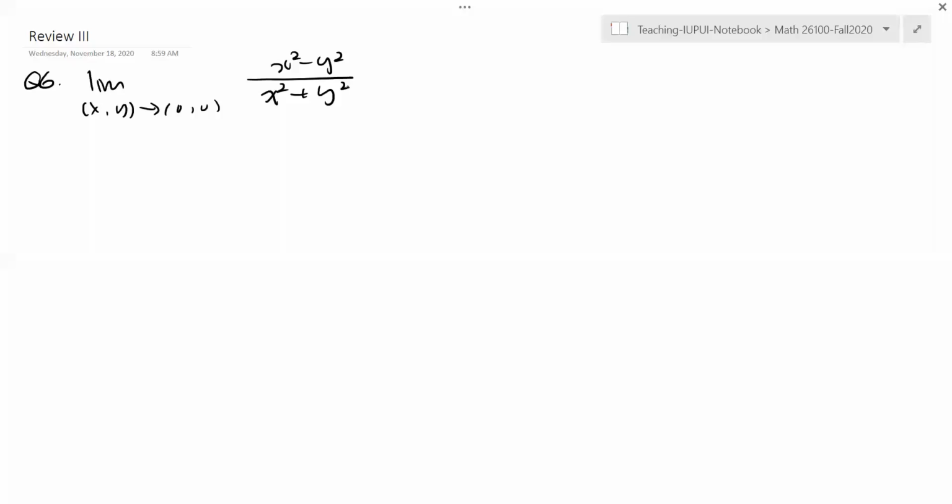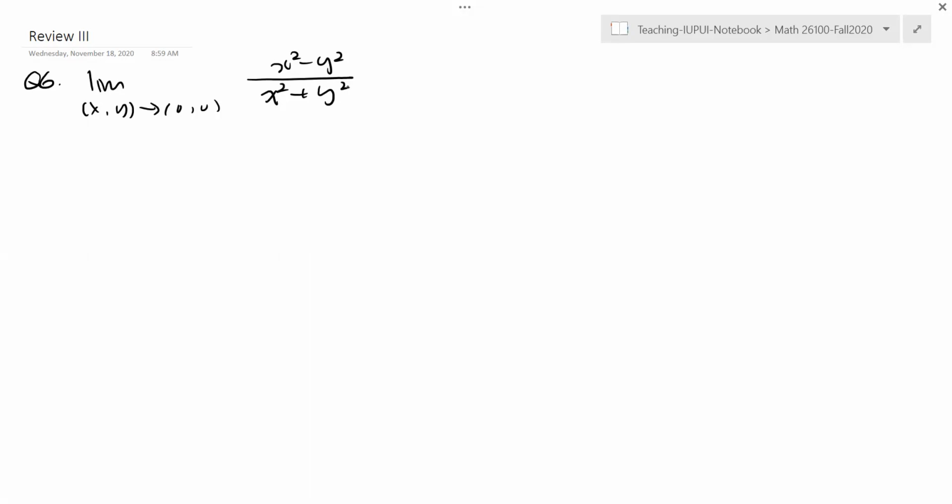To prove the limit does not exist is much easier than to prove the limit exists. You just need to show that along two different paths, the function approaches two different values.